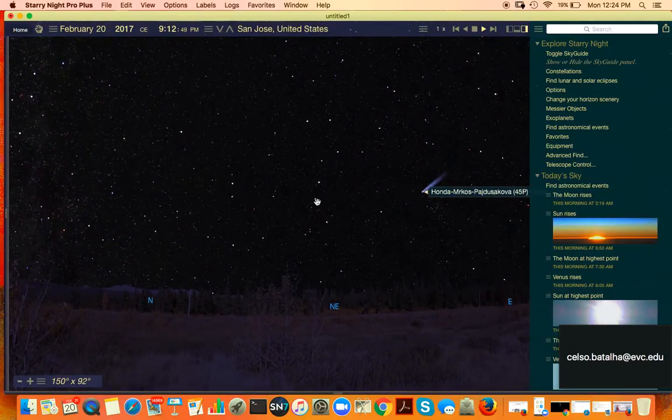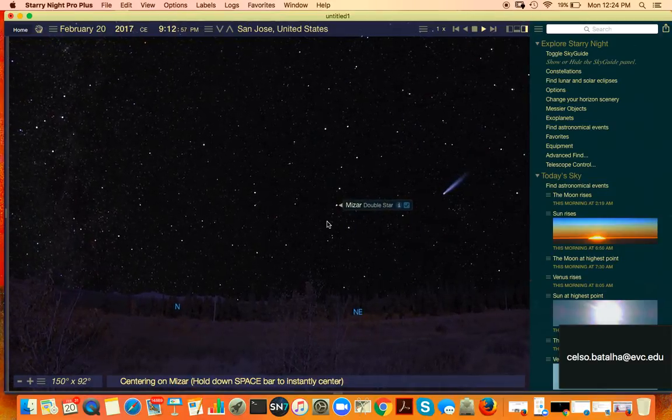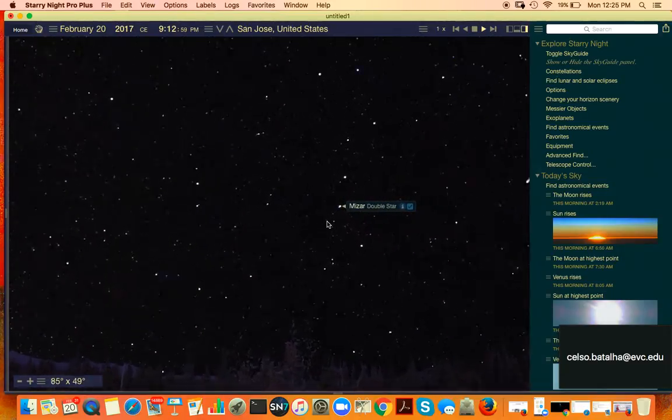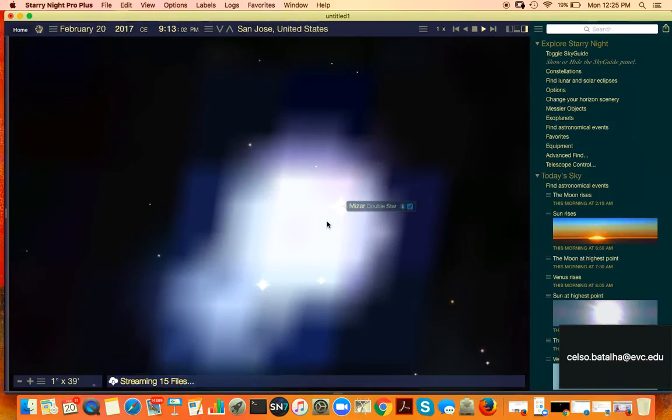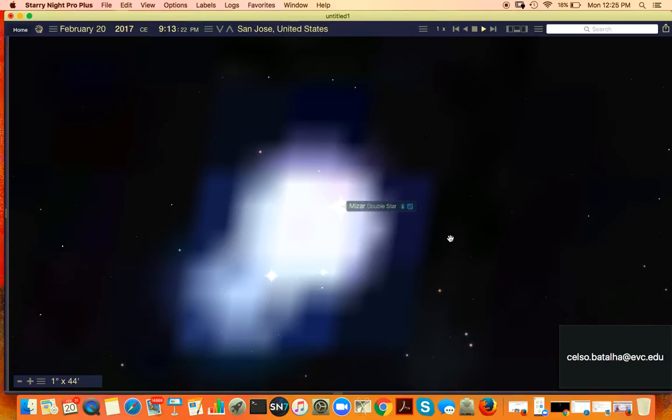By the way, the second star in the handle is interesting because if you look in the telescope, it's not a single star. In fact, it's a group of 4 stars. Look at that. There are 4 stars in there.